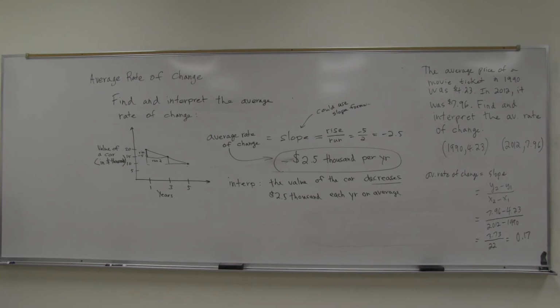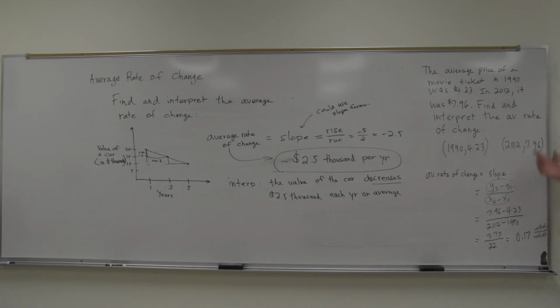When we go with the rate of change, we need the units. So what are the units here? Since we do the y's over the x's, we do the units of y over the units of x. That's always the way we typically do these.